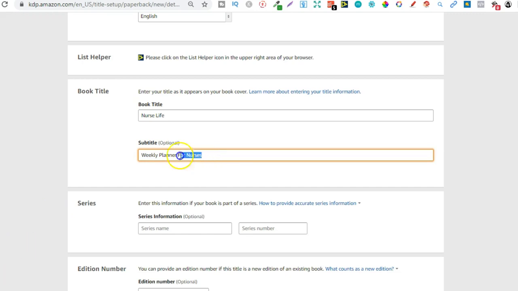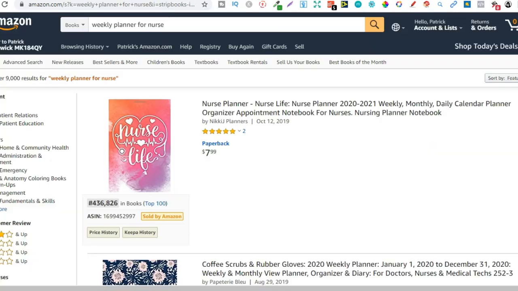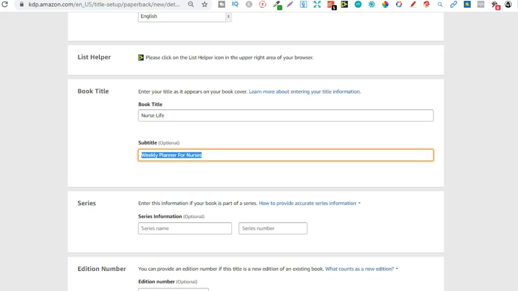And now that I've used that search term, which we found on Amazon, I now have a better chance of making sales because people who actually search this are more than likely going to come across my book because I'm targeting that specific search term.